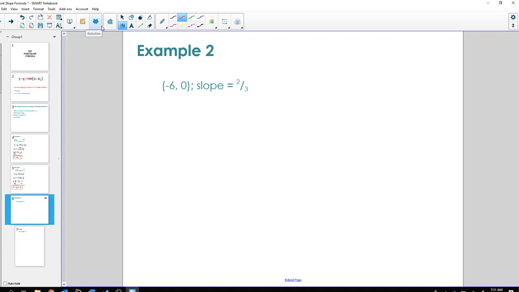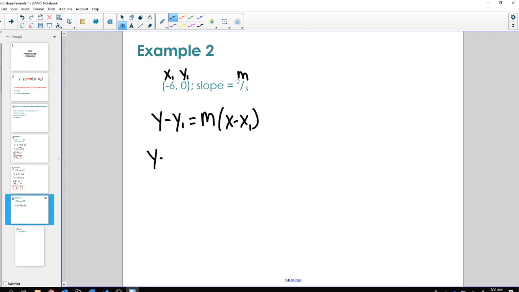Next one here, we've got a negative and a 0 in our ordered pair. So it's a little bit of a different scenario than what we saw before, but it's still the same steps. I still have an x1, y1, and I still have a slope, which is my m. And I'm still using that same formula, y minus y1 equals m times x minus x1. And then I'm still going to plug everything in.